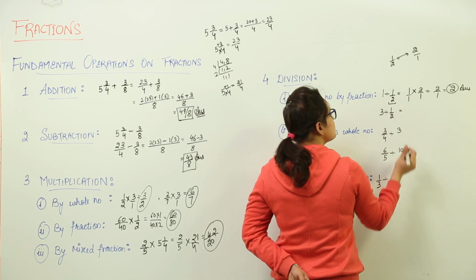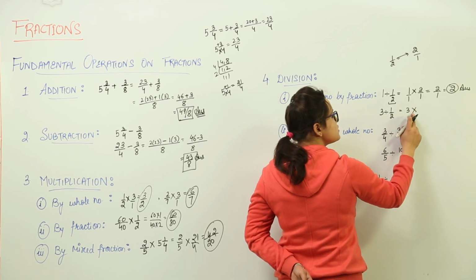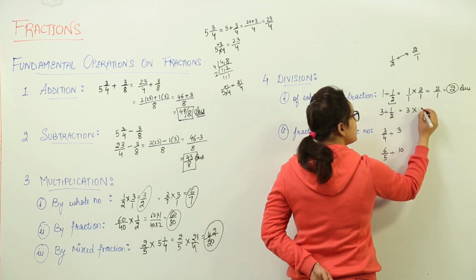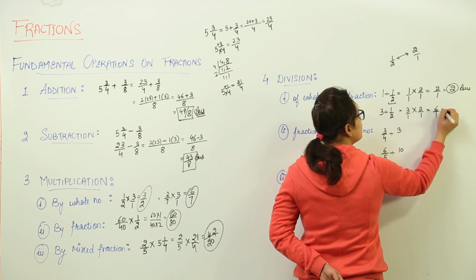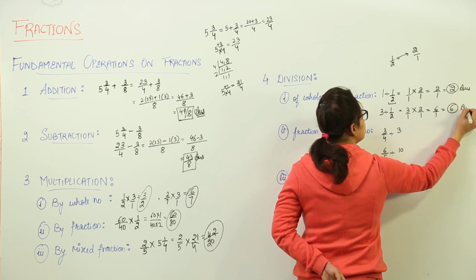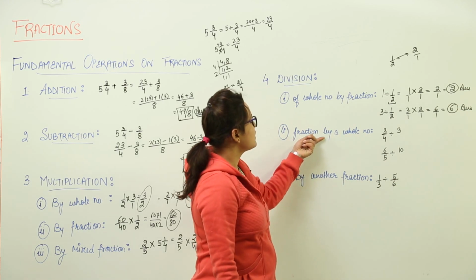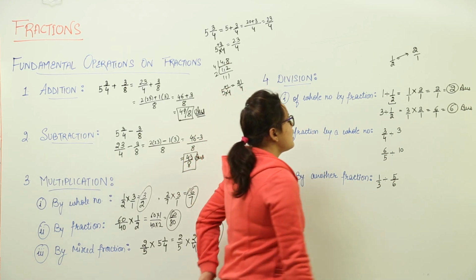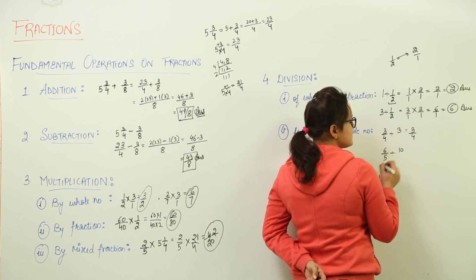Similarly, let's do the next one. Here we have 3 divided with 1 by 2; division gets converted to multiplication, 1 by 2 gets reciprocated to 2 by 1. On multiplying we get 6 by 1, that is 6. Now let us divide a fraction by a whole number. How to do this? The same steps. 3 by 4 remains as it is.